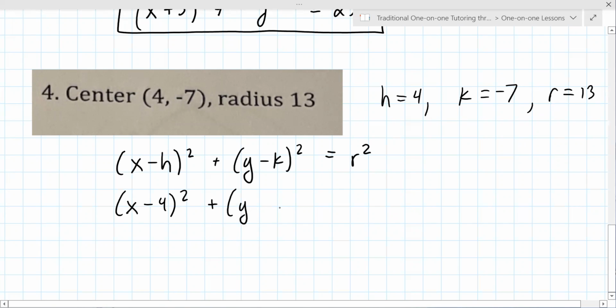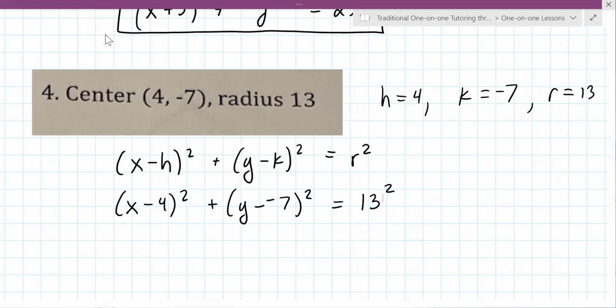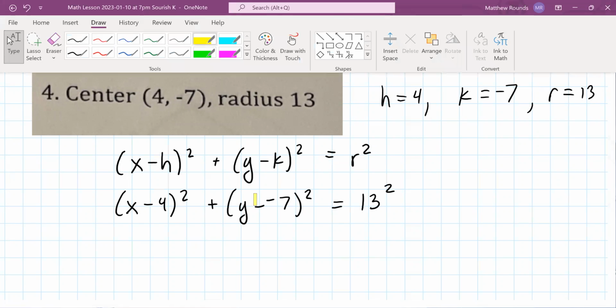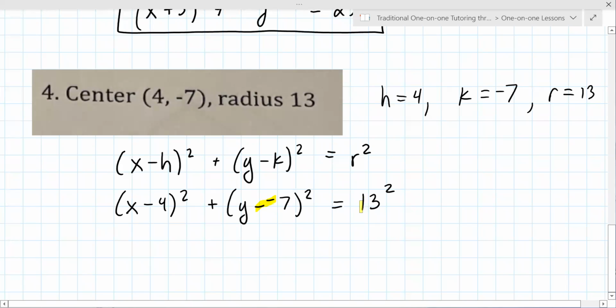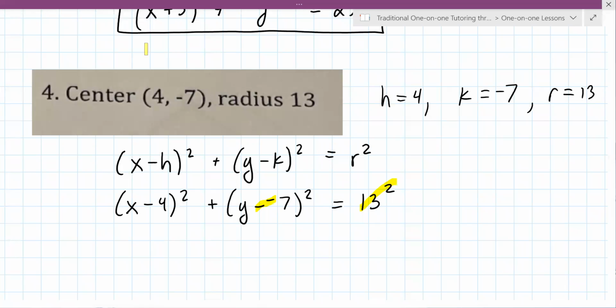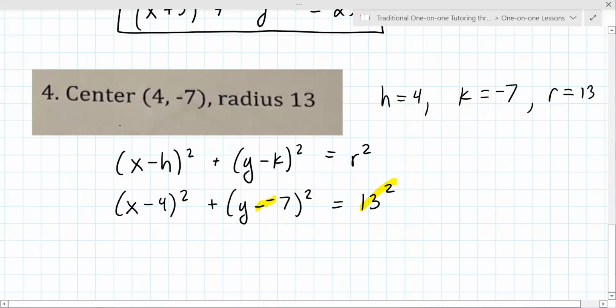So now when you substitute in for each of the constants, it's x minus 4 squared for h. And now y is y minus a -7 squared. And then r is 13 squared. So the only two things to simplify here are two negatives and a 13 squared. Let me know when you get your final answer, please.